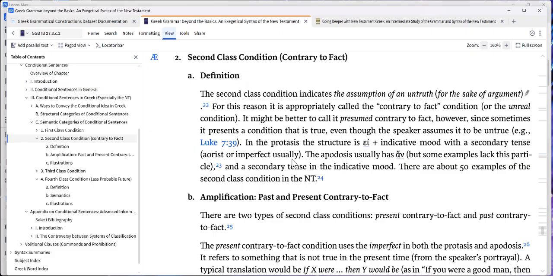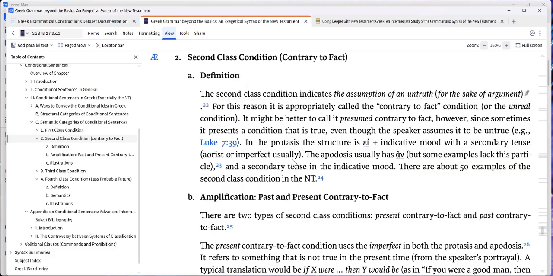In the protasis, the structure is an plus the indicative mood with a secondary tense, an aorist or an imperfect usually. The apodosis usually has an, but some examples lack this particle, and a secondary tense in the indicative mood.